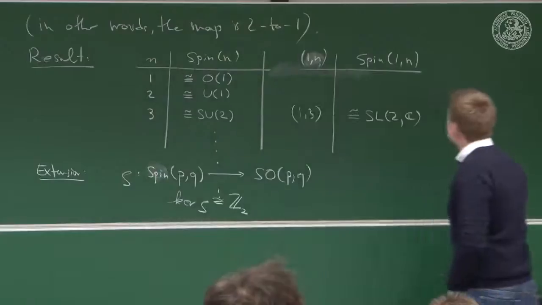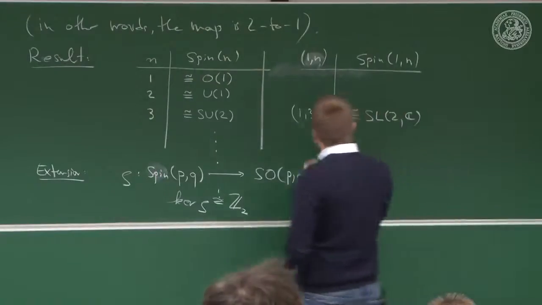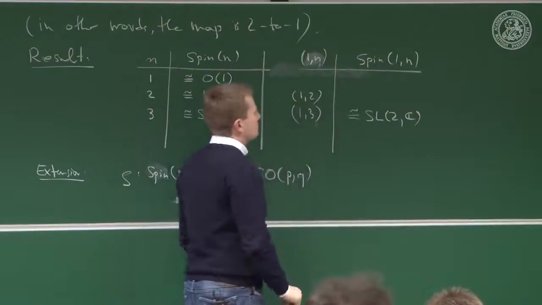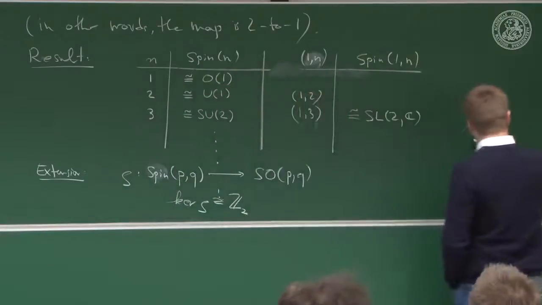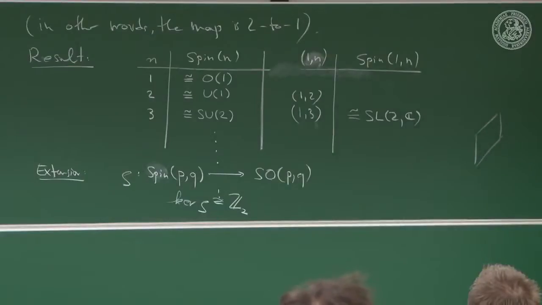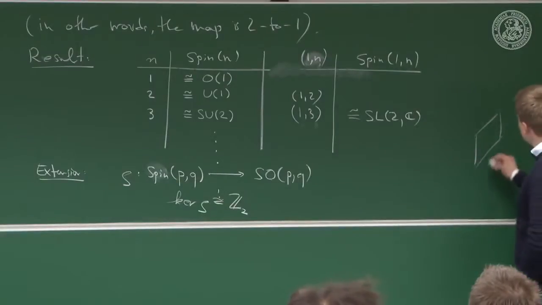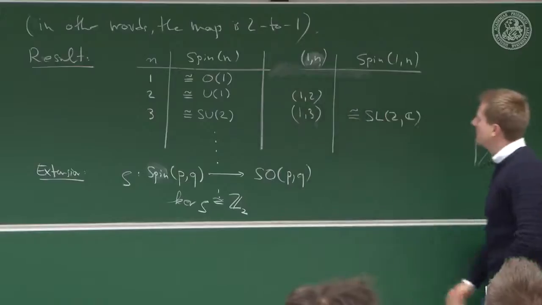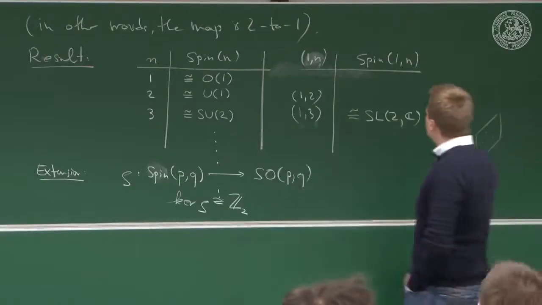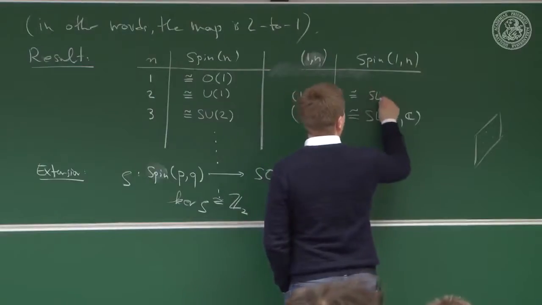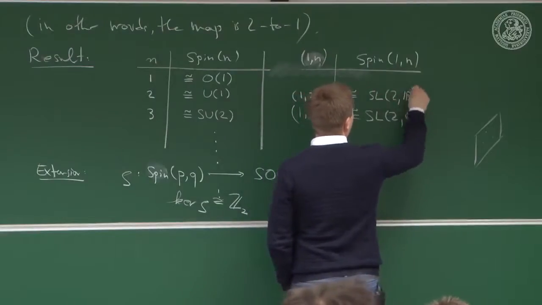So don't be puzzled. Then it's maybe interesting to look at 1,2. That's like taking a thin film and looking at electrons in there. If the electrons are effectively constrained to this thin film, you of course have the Lorentz group SO(1,2), and there the spin group is given by SL(2,R).